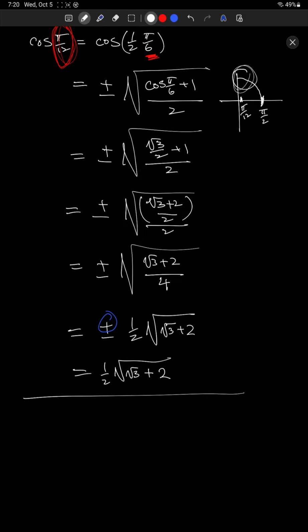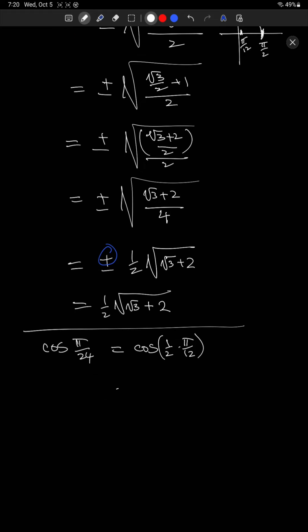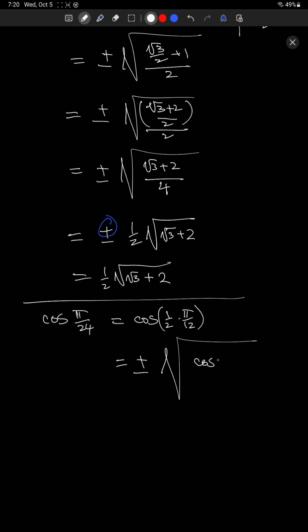Okay, maybe you're not excited because we already knew cosine pi over 12. So something that's very new is that because I know cosine pi over 12, now I actually can do cosine pi over 24, right? Because cosine pi over 24 is cosine of 1/2 of pi over 12. And then I can just use the same identity. This is plus or minus square root, and I'm just going to copy down my identity, square root of (cosine x plus 1) all over 2. x is now pi over 12, plus 1, all over 2, right?